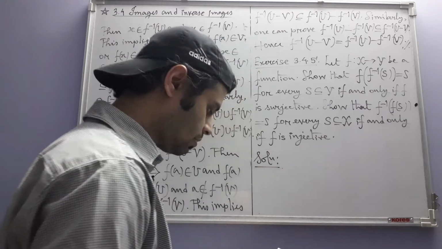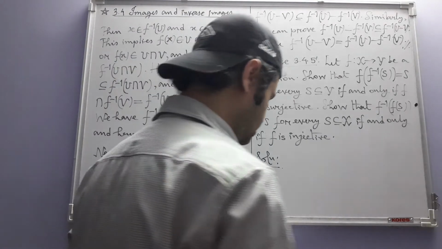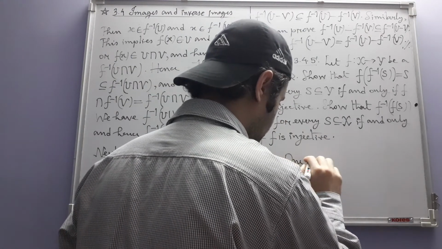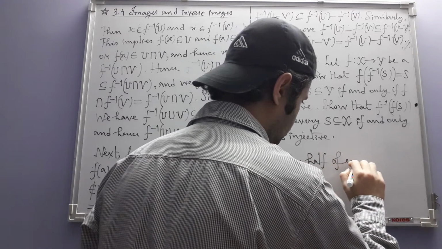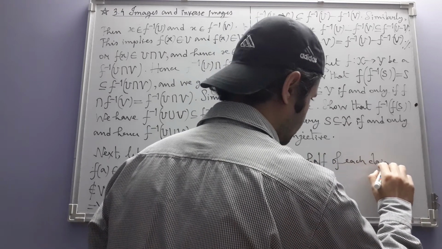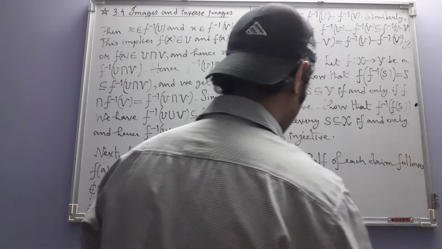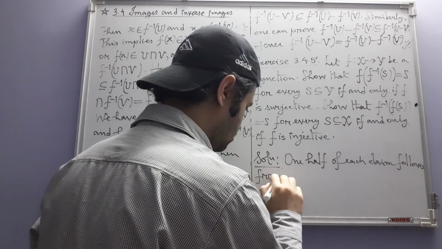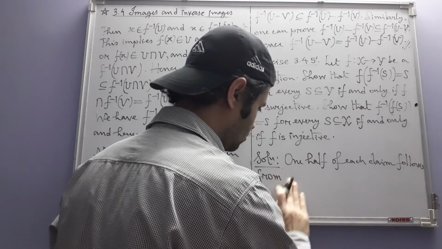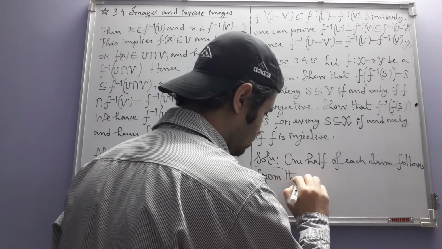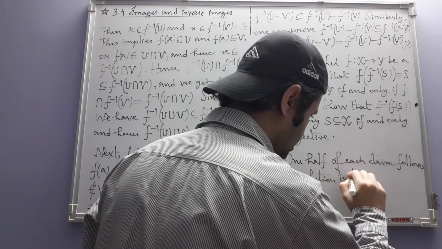So we are going to refer to that, and the solution goes like this. One half of each claim follows from the solution to the second exercise.